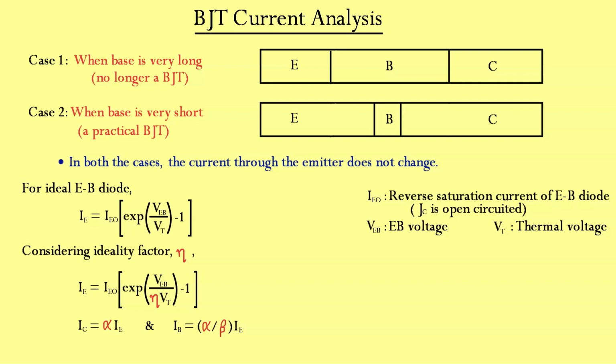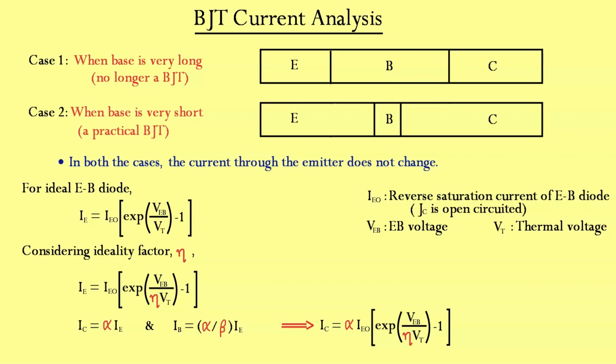For example, from the above relations, we get the collector current equal to the common base current gain times the reverse saturation current of the emitter-base diode times exponential of emitter-base voltage divided by ideality factor times thermal voltage, minus 1. Therefore, we can say the collector current is directly proportional to the emitter-base voltage, at least for the active region.